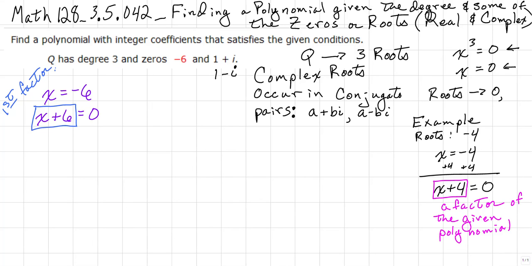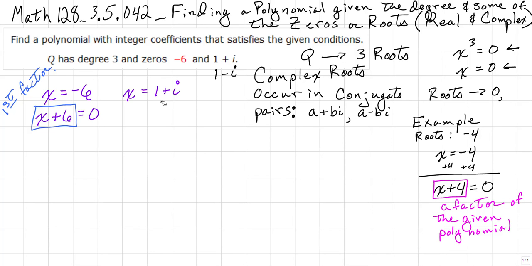Now what I'm going to do is look at the other 2 roots. We'll start by stating simply that x is equal to 1 plus i. I'm going to use the same technique, and I'm going to subtract the entire expression 1 plus i from both sides of the equation. Really, what I'm doing is subtracting 1 and subtracting i, because I'm distributing this negative over both of these.